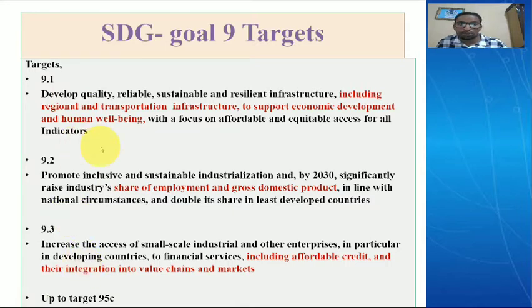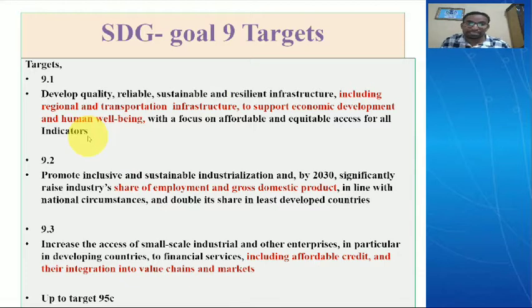Target 9.1 states: develop quality, reliable, sustainable, and resilient infrastructure, including regional transportation infrastructure to support economic development and human well-being, with a focus on affordable and equitable access for all indicators.